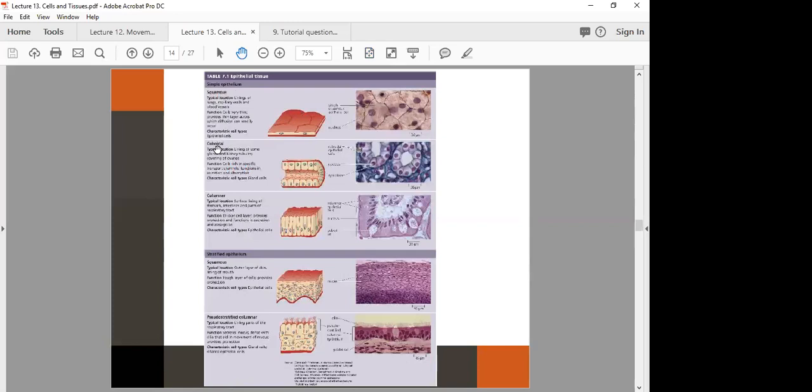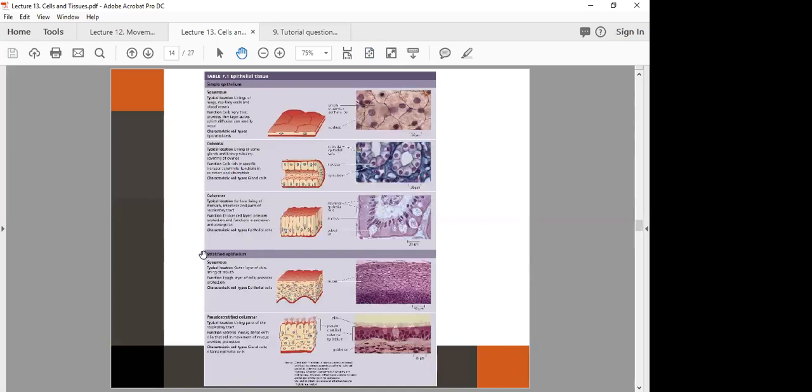Cuboidal simple epithelial cells, as you can see here, again, just a single layer, cube-shaped cells, and these tend to function in absorption and secretion of substances. Columnar epithelial cells also function in secretion and absorption.